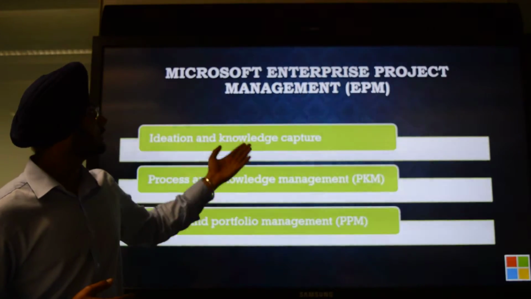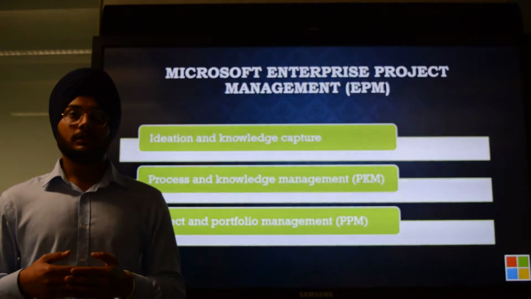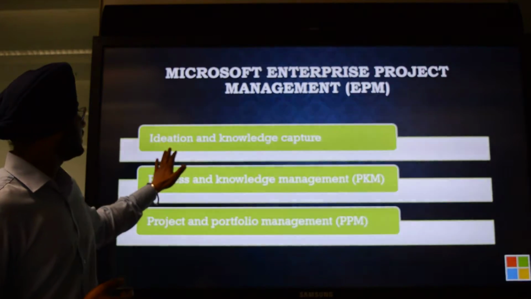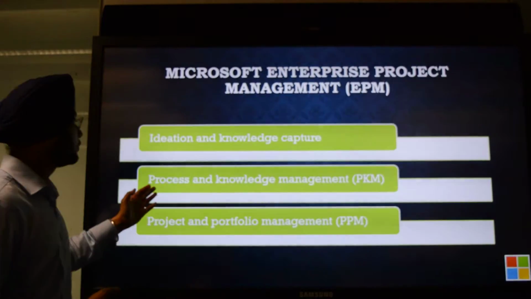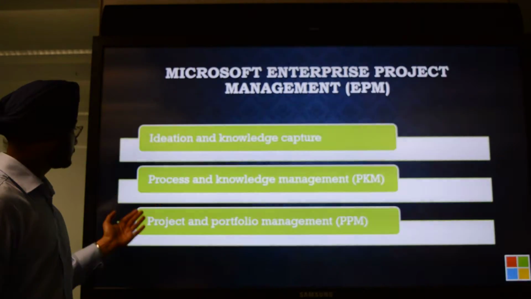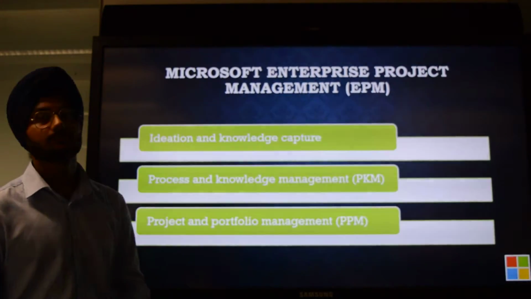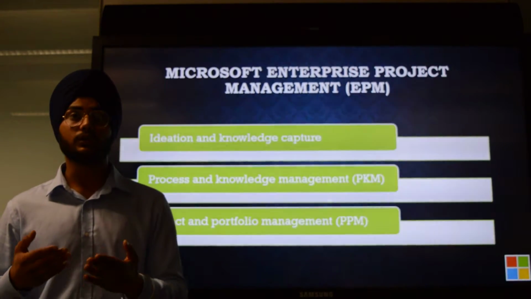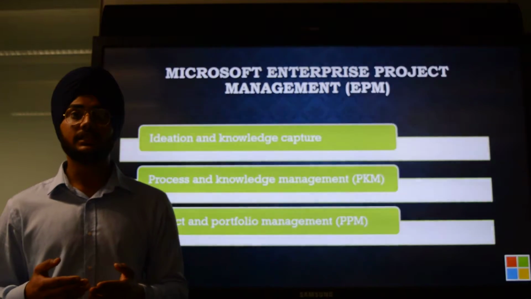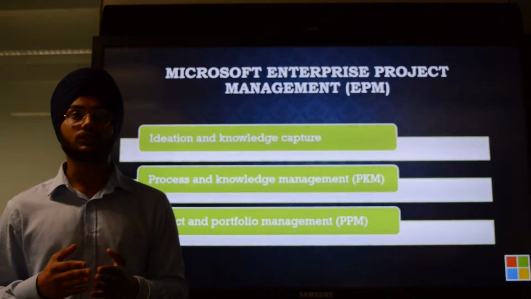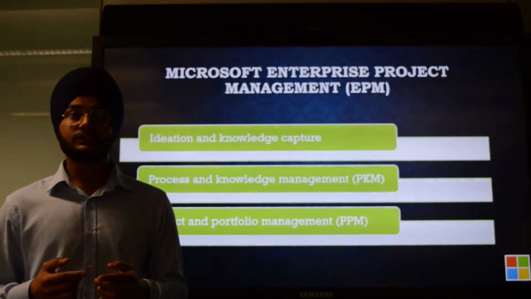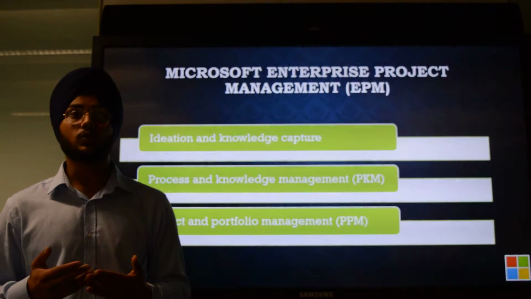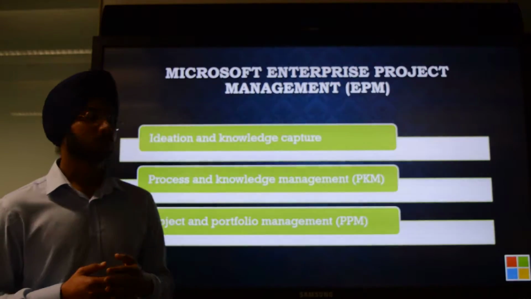Microsoft Enterprise Project Management. The three aspects of the overall process are ideation and knowledge capture, process and knowledge management, and project and portfolio management. Ideation and knowledge capture helps you and your team share ideas easily and rapidly to promote a culture of innovation. This culture occurs by increasing participation and then the quality and quantity of contributed ideas.